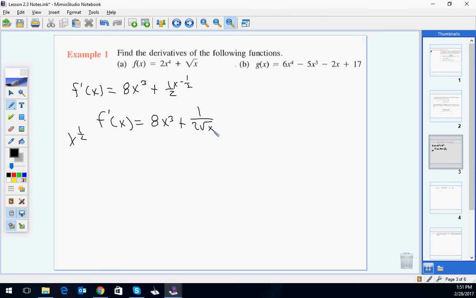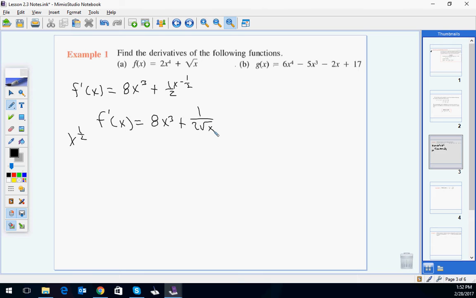That's from our notes yesterday. If you weren't here, make sure you watch the video. So 8x^3 plus 1/(2 root x). That's the derivative of 2x^4 plus root x. So you do them separately, you break it apart.